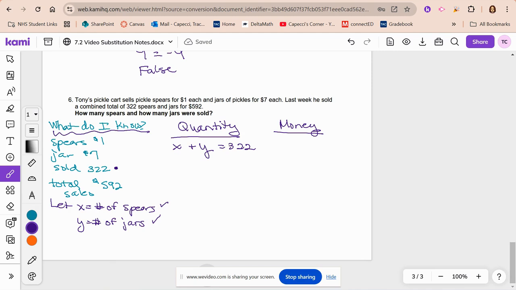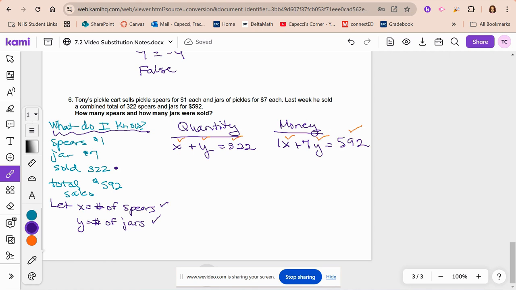Now, when I look at our money, we know that spears are $1 each, so I can make that 1X or just X. And then my jars are $7 each, and jars is Y. And I know that we sold a total of $592. That was our total sales. So again, in double checking, this is how many, and this is money, money, money, to make sure we have things in the right spot.